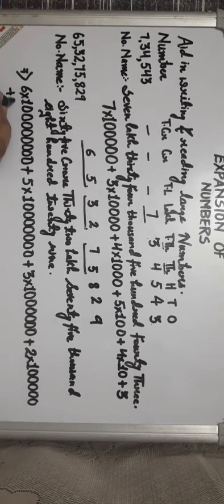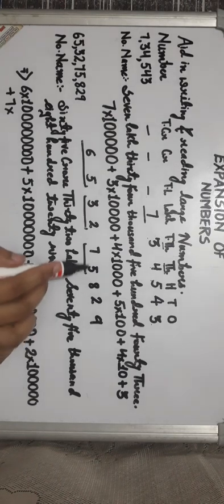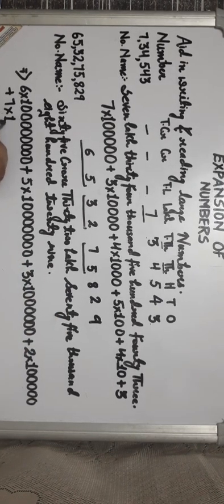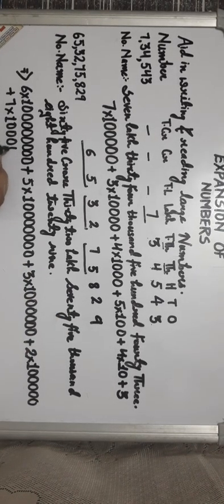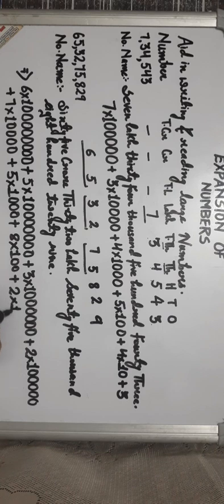Now plus 7 into how many zeros? 4. 1, 2, 3, 4. 5 at 1000 place. So 3 zeros. 8 at 100. 2 zeros. 2 at tens. 10, plus 9.